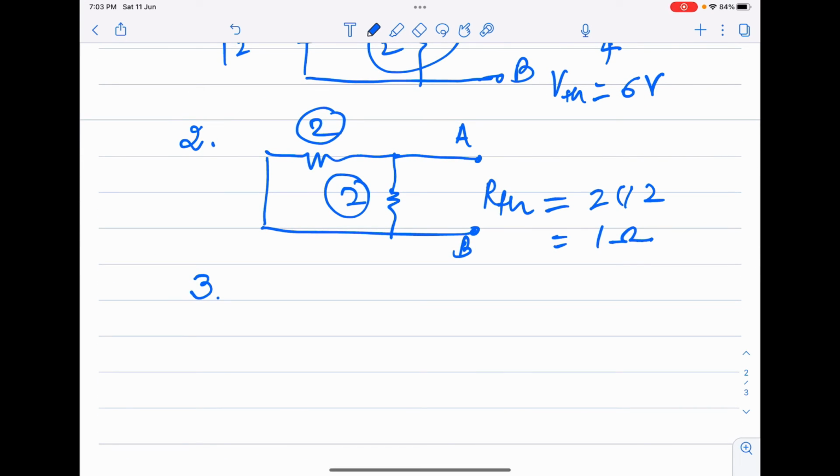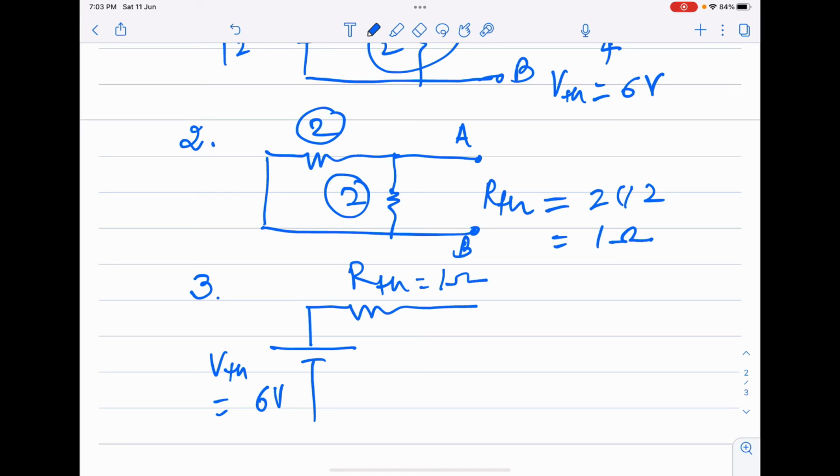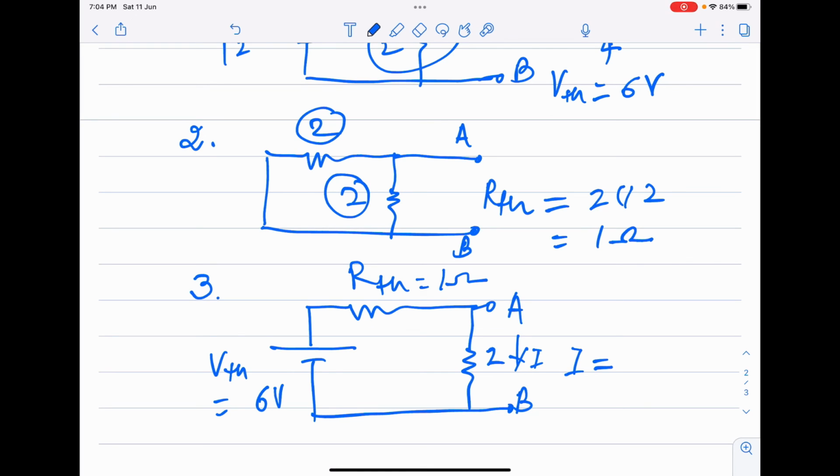Now in the third step, I will modify the circuit. This is VTH, which is equal to 6 volt. This series resistance RTH is equal to 1 ohm. And then I will connect this resistance between the points A and B, which is a 2 ohm resistance. So now I can easily find the value of the current I flowing through this circuit, which is 6 volt divided by 2 plus 1, that is 3 ohm, which is nothing but 2 ampere.